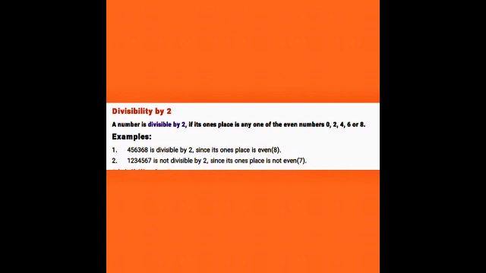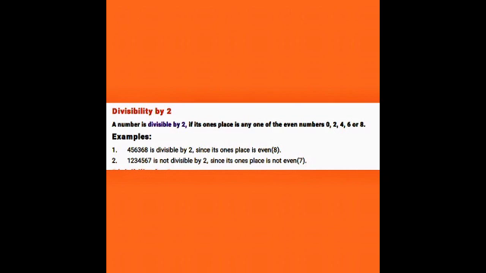Consider the example 456,368. It is divisible by 2, since its ones place is even, that is 8. In the same way, one more example, 1,234,567, is not divisible by 2.